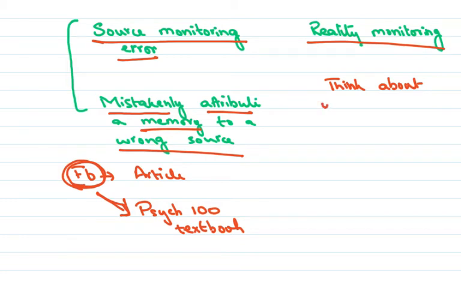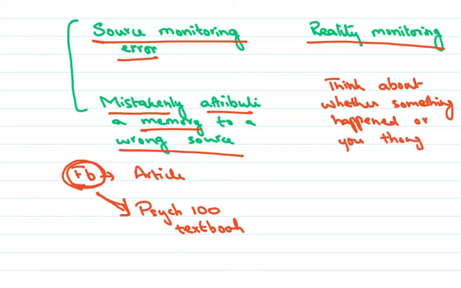So you're pondering over whether something happened or you thought it happened. For example, this really applies to me because most of the time I need to take these medicines in the morning and I can never remember whether I actually took the medicine.